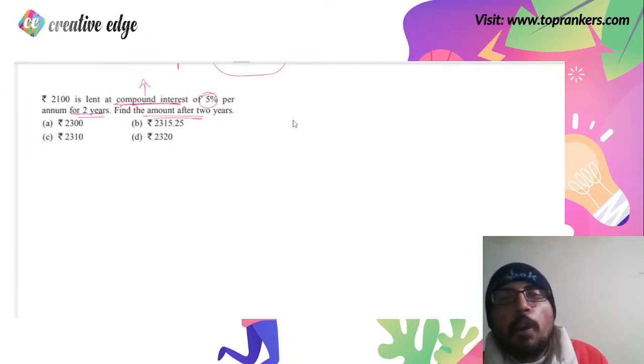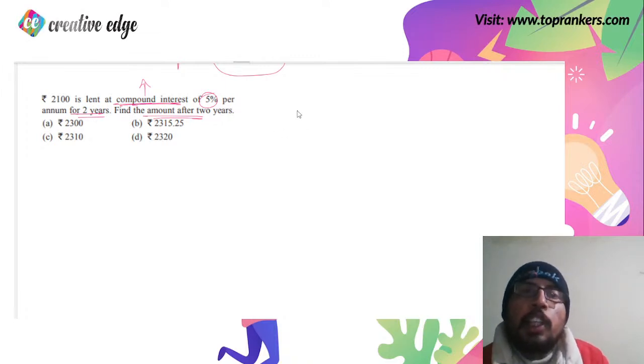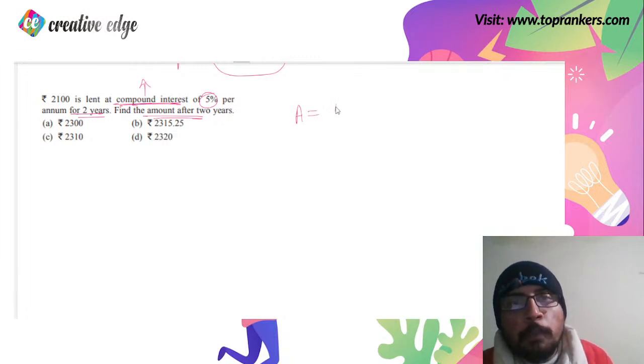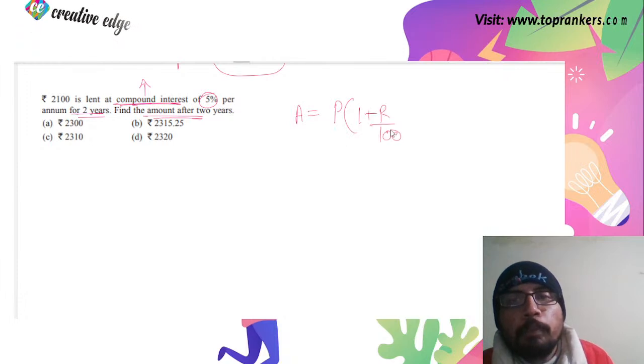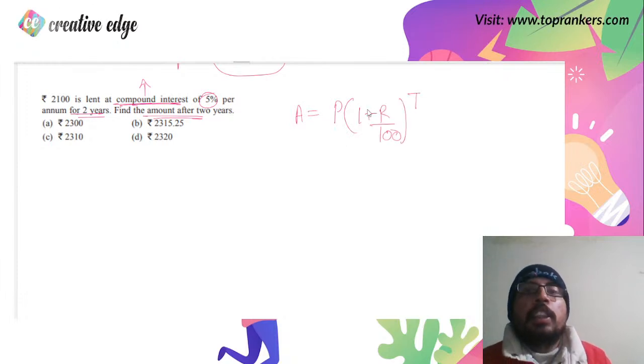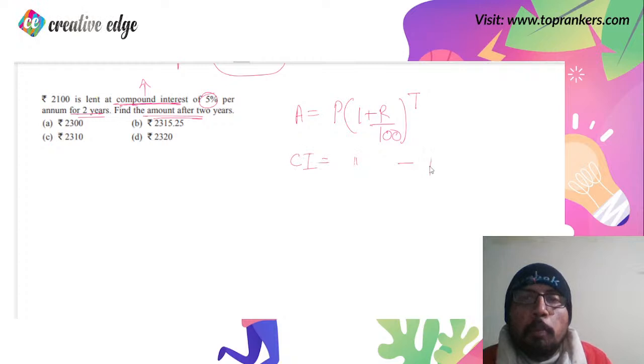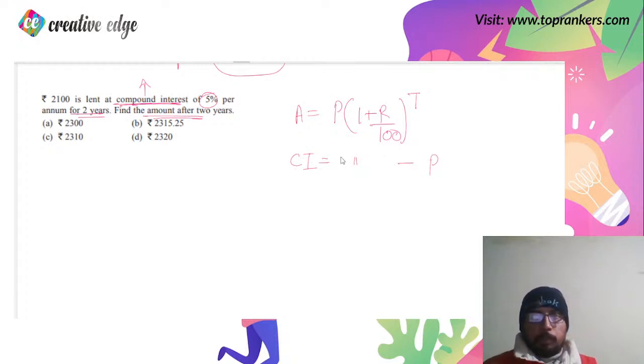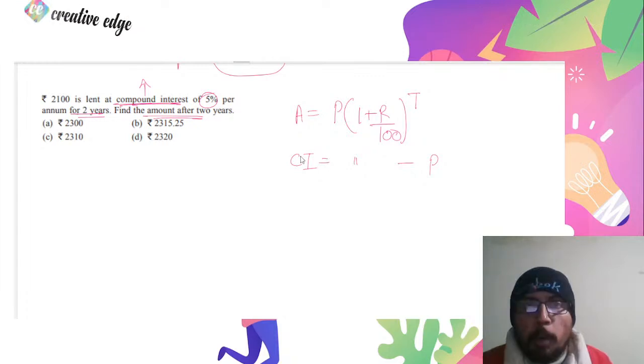Basically, whenever we have to find compound interest, the first step is to find the amount, and amount is P into 1 plus R by 100 to the power T. Now if you were to find CI, it would be this term minus principal. You subtract principal from the amount and you get compound interest.